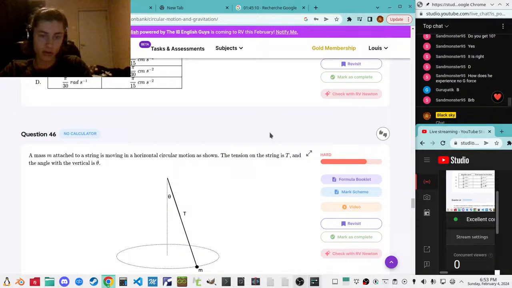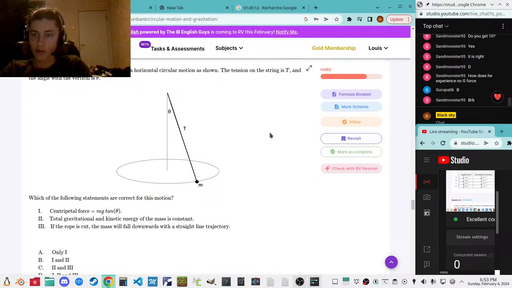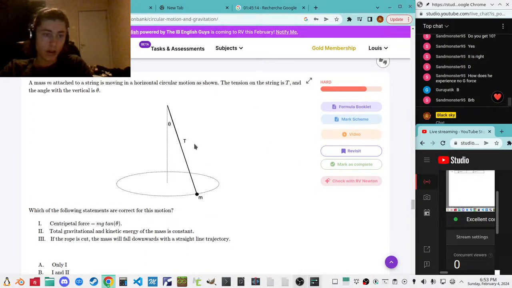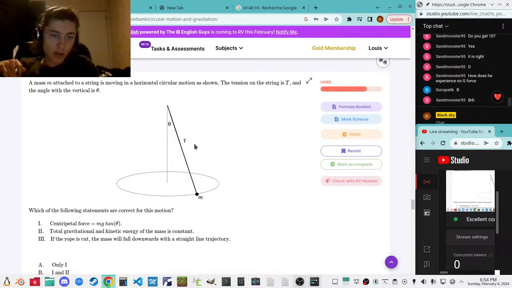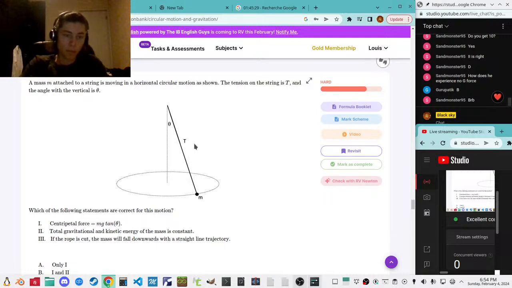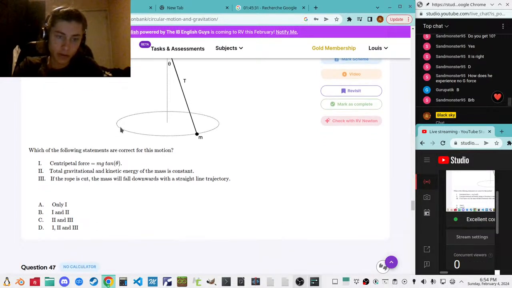Finally, a good question that doesn't require actual physics. A mass M attached to a string is moving in a horizontal circular motion as shown. The tension on the string T and the angle with its vertical is theta. Which of the following statements are correct for this motion? Centripetal force equals mg tan theta.